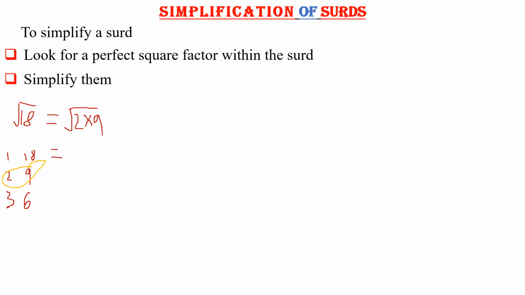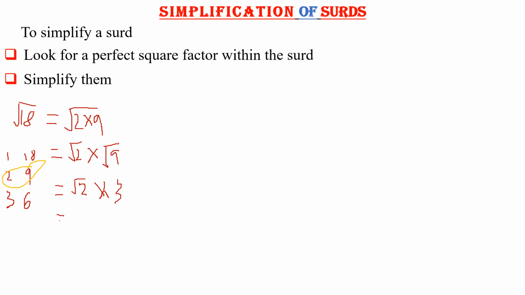Now, if you have watched the video on the properties of how to multiply surds, you realize that this can also be written as the square root of 2 times the square root of 9, whereby the square root of 2 will be the square root of 2, and the square root of 9 will become 3.